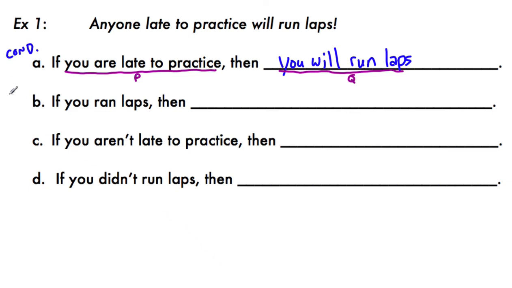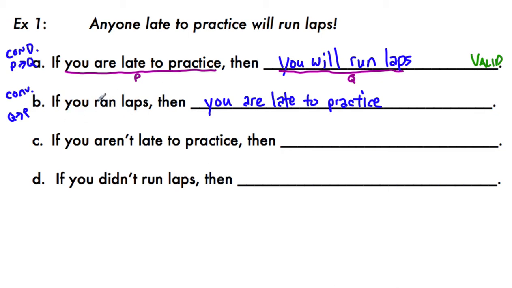Let's look at the converse. Remember the converse is Q implies P, and our conditional is P implies Q. If you run laps, then you are late to practice. So we said that the conditional is always valid, but is the converse?